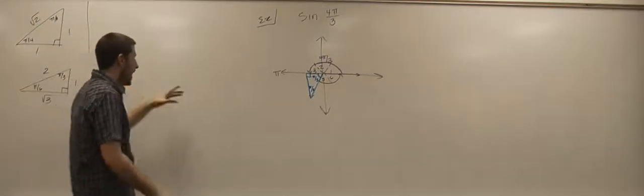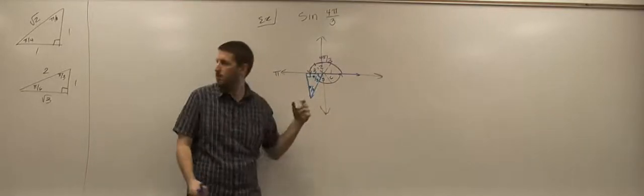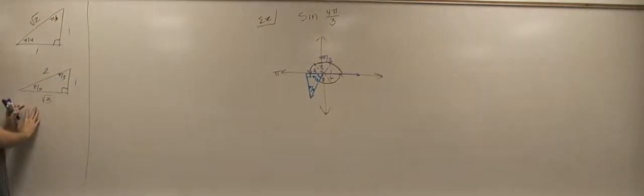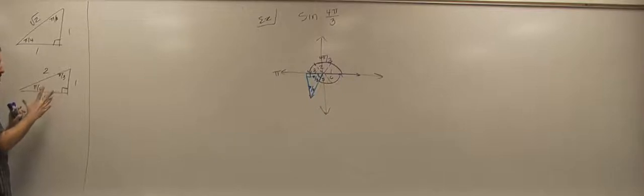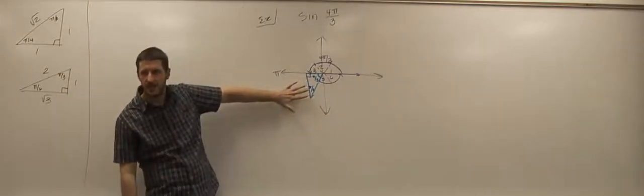So what I need to do to actually figure out what sine is, is label this triangle correctly. But when I label the triangle, I'm going to focus on this known triangle right here. So the way that this works, you've got to be careful and make sure you match everything up correctly. This is not to scale in any way, shape, or form.